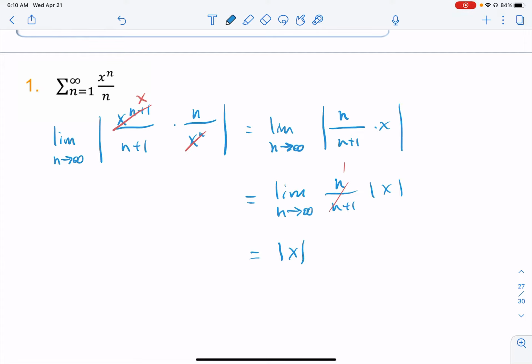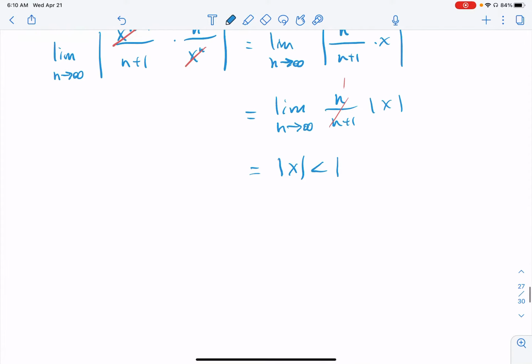And if this thing is going to converge, the absolute value of x needs to be less than 1. So I'm going to pause right here. When we define the radius of convergence, it's got to look like this: absolute value of x minus c, where c is your center point, and that's going to be less than some sort of finite number. All right, so match stuff up.